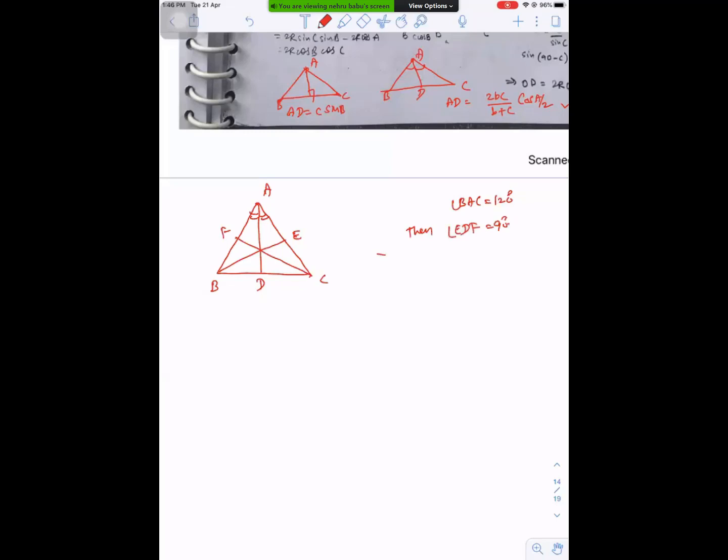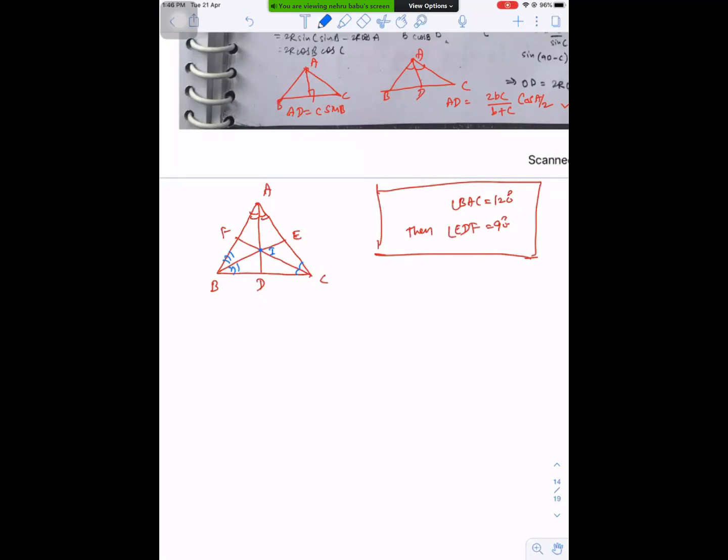Okay, this problem we did in class with a shorter method. On that day, we proved it using lengths: we used the DE length, DF length, and EF length. One more easy method is, if you observe here, the CF line is an angle bisector, and the BE line is also an angle bisector.